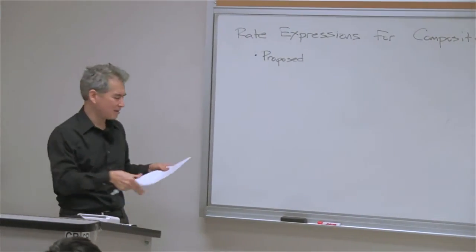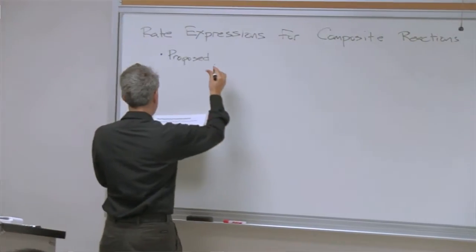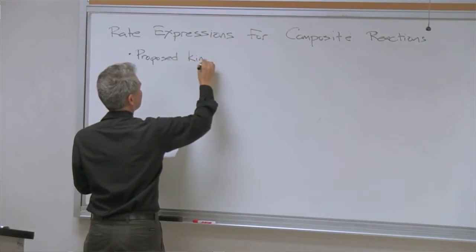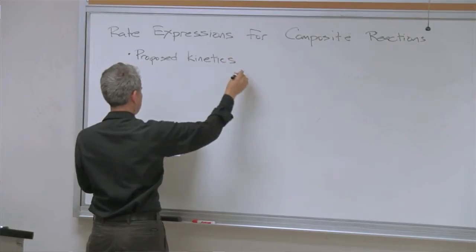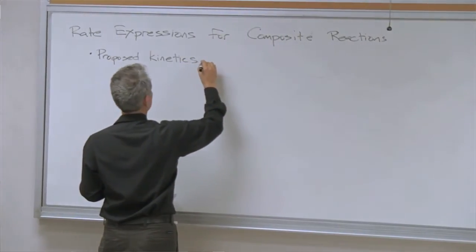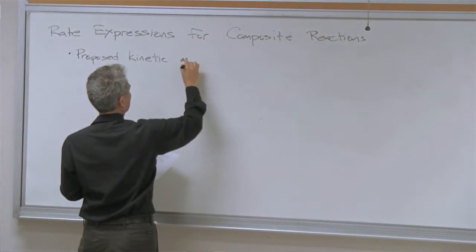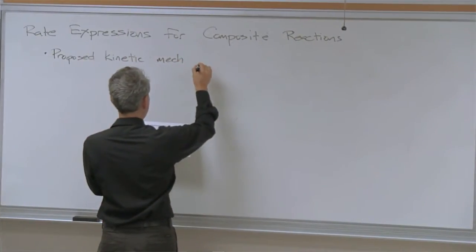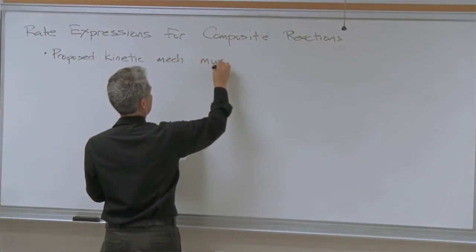If I ask you to write out a kinetic mechanism, what I really want you to do, first and foremost, before you do other stuff, is to include a rate determining step, or specify a rate determining step.